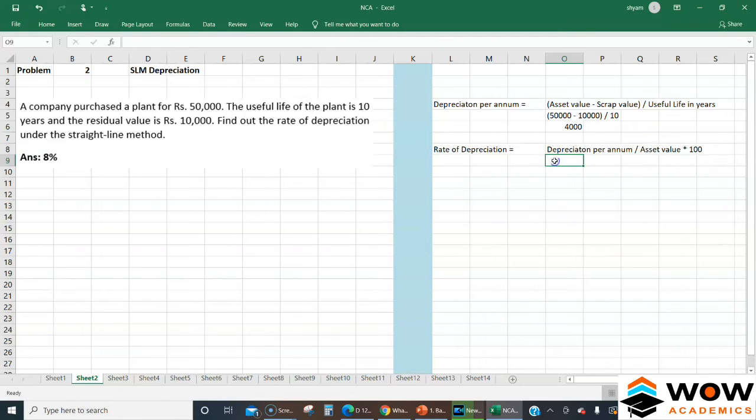So depreciation per annum is 4,000 divided by 50,000. So it is 8%. So the rate of depreciation is 8%. That's about the answer here. This is straight line method. We'll move on to the next sum.